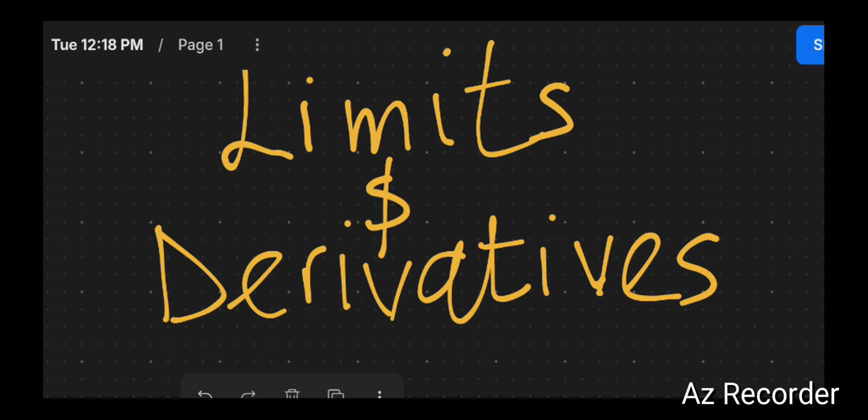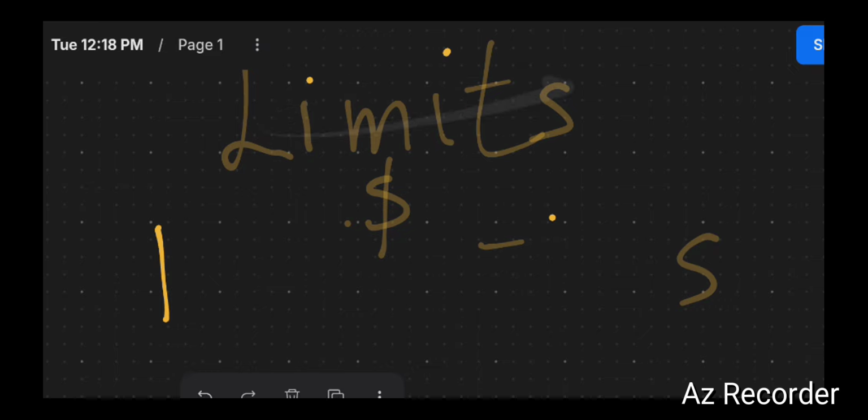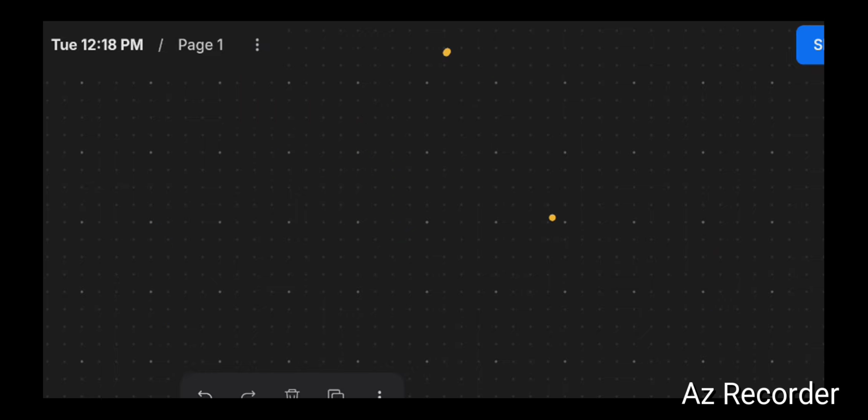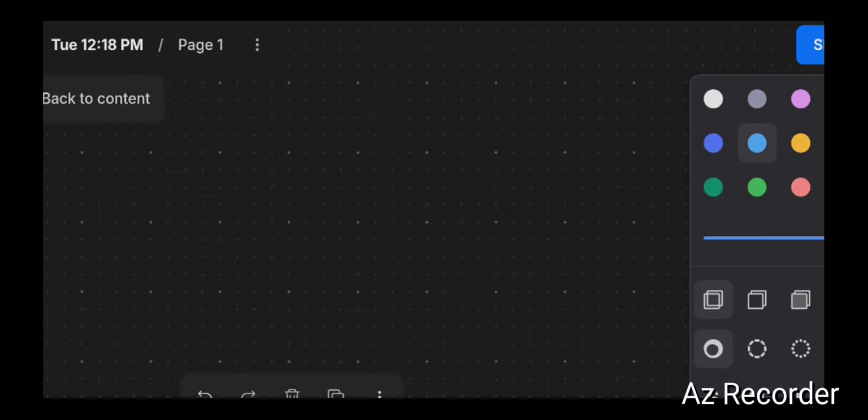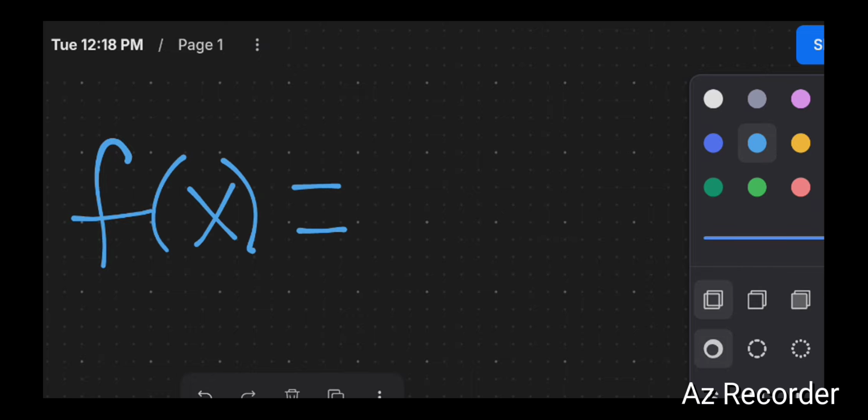So what are we saying? If we have on the board a function, say f of x equals x squared, how can we evaluate the limit of this function as x approaches 2?